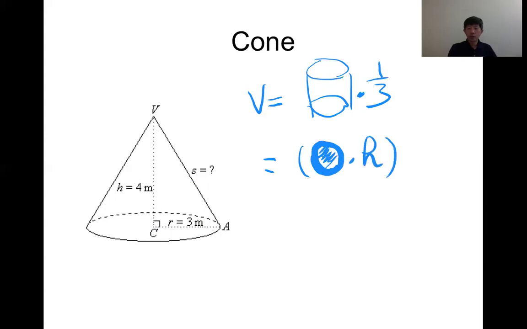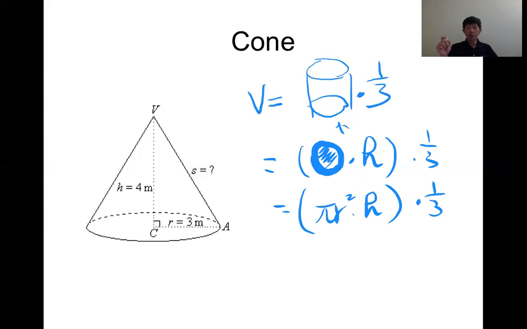That is the volume for the cylinder, and times 1/3. So this is pi r squared times h. If you understand the reasoning, that is better than just plugging in the formula.